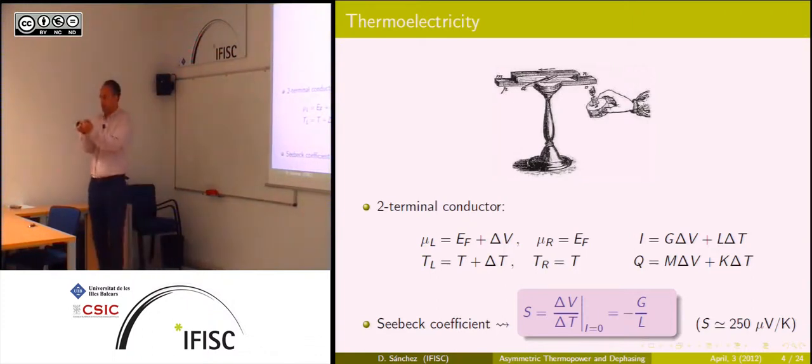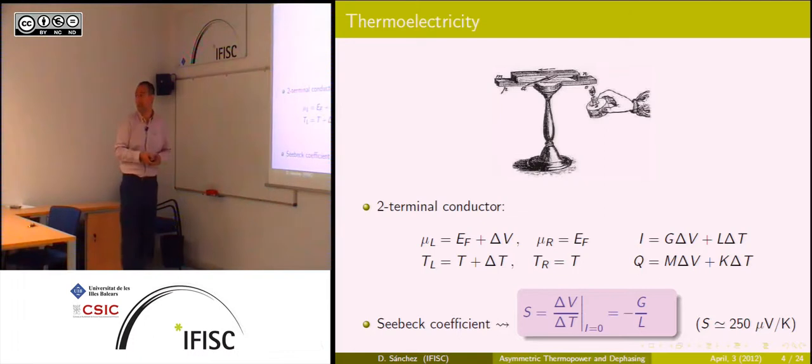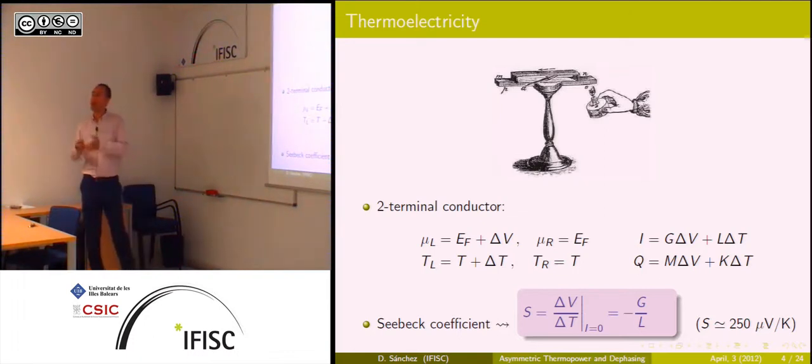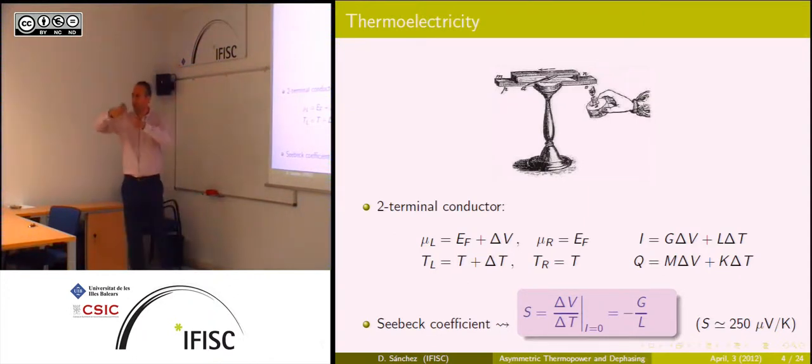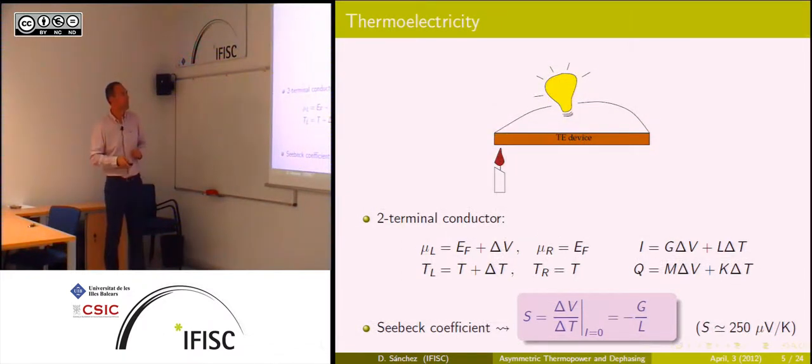He noticed that the needle of the compass changed orientation when he was heating this side of the sample. First he thought that maybe temperature could produce a magnetic effect. But then the explanation was that you are inducing a current, and due to Ampere's law you produce a magnetic field, which in turn changes the orientation of the needle. That was the first experimental demonstration of such an effect, and it is quite old.